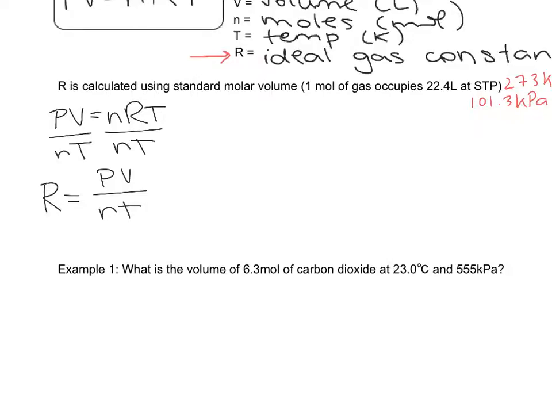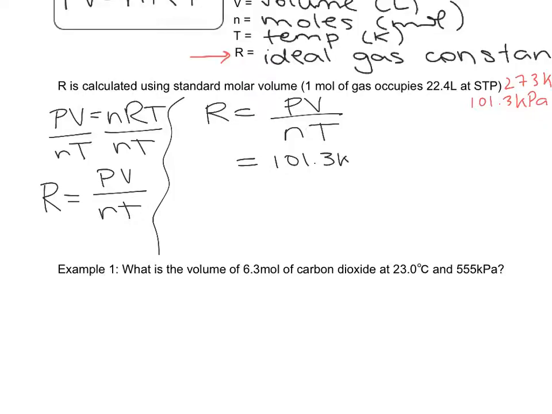So let's calculate our R value now based on our standard molar volumes. R equals PV over nT. We said 101.3 kilopascals is my pressure. My volume, as we said, is 22.4 liters.